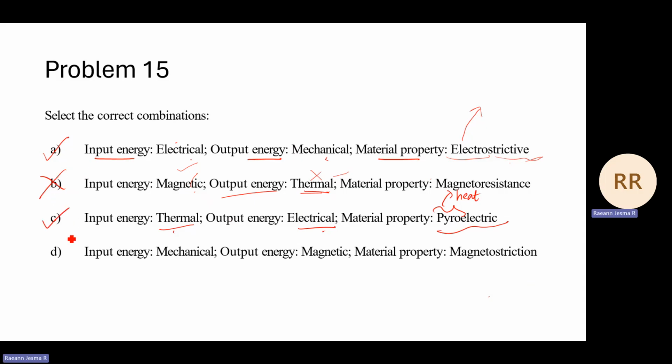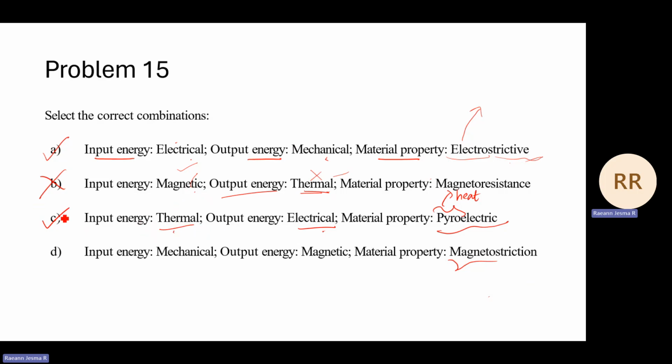Then if we look at option D, we have input energy mechanical, output energy magnetic, for the material property magnetostriction. Magnetostrictive materials exhibit some sort of mechanical deformation under the application of a magnetic field. So for a magnetostrictive material, the input should be magnetic and the output should be mechanical.